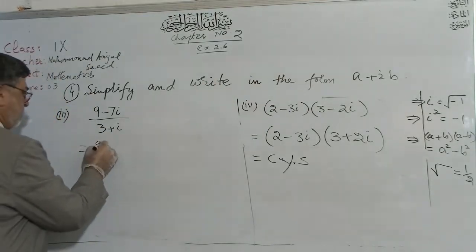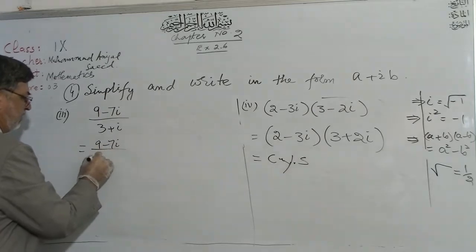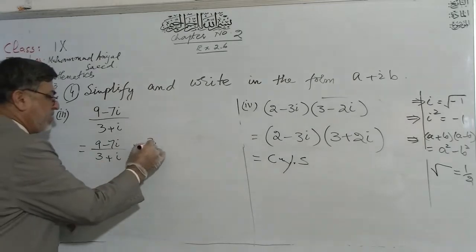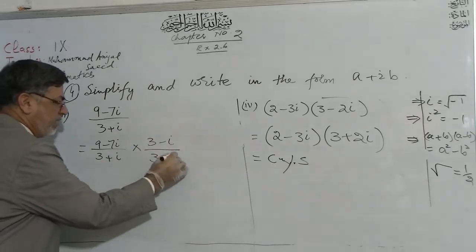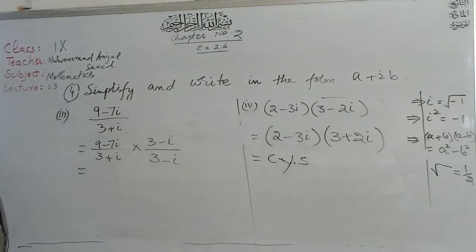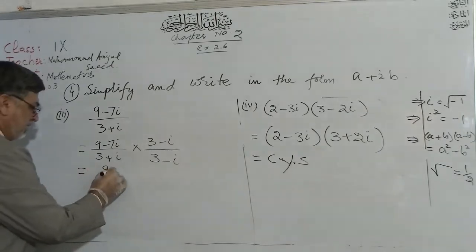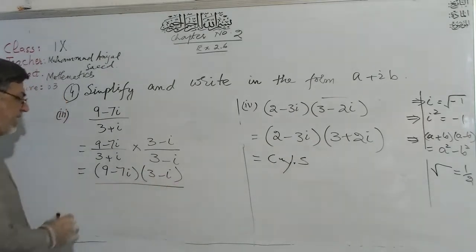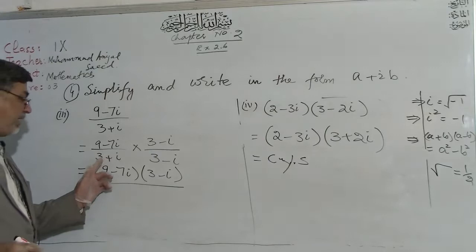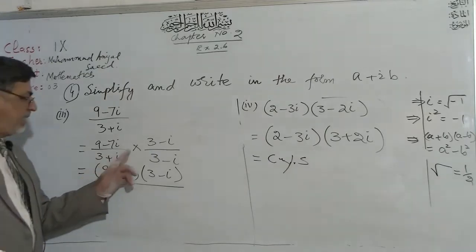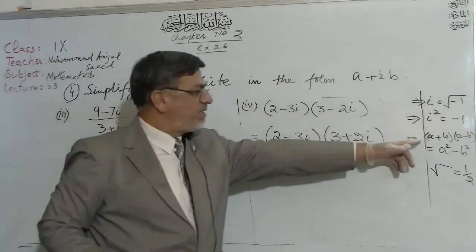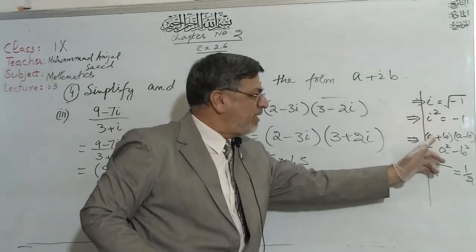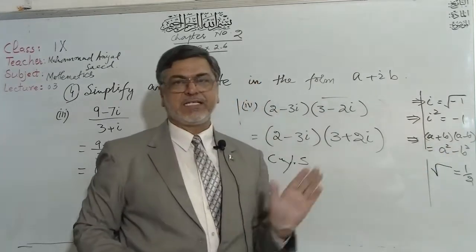So, multiplying above and below by the conjugate of denominator, that is 3 minus iota and 3 minus iota. Here is 9 minus 7 iota into 3 minus iota divided by, this is actually a plus b and this is a minus b. Look at that. A plus b, a minus b will equal to first square minus second square.